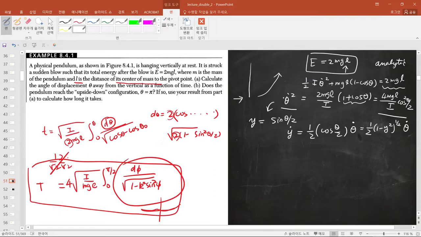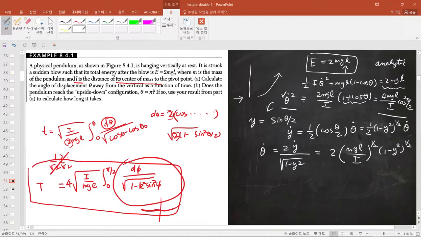Now this equation can be written as theta dot equal to 2 y dot over square root of 1 minus y squared, and then this can be written as 2 (mgl over I)^(1/2) times (1 minus y squared)^(1/2).